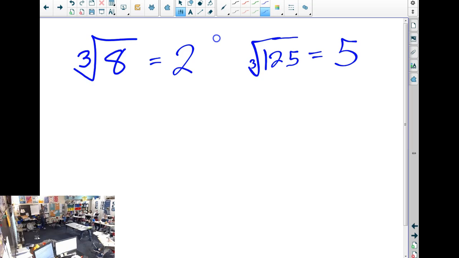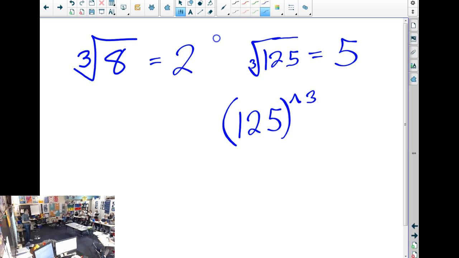The other option, and I would like you to try this if you're holding a calculator. When you type 125 and give it a power, like the caret button, cube roots are the inverse of powers. So instead of a power of 3, what's the inverse of that?